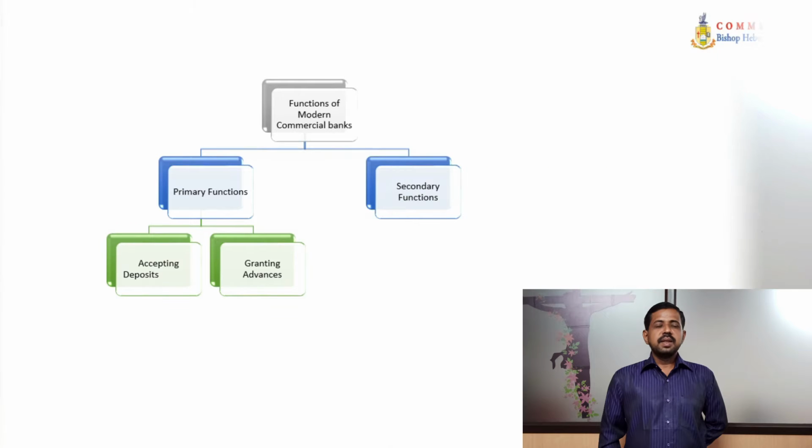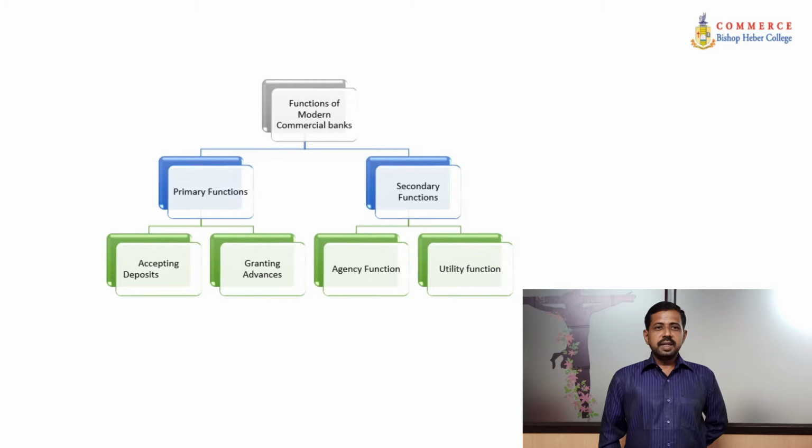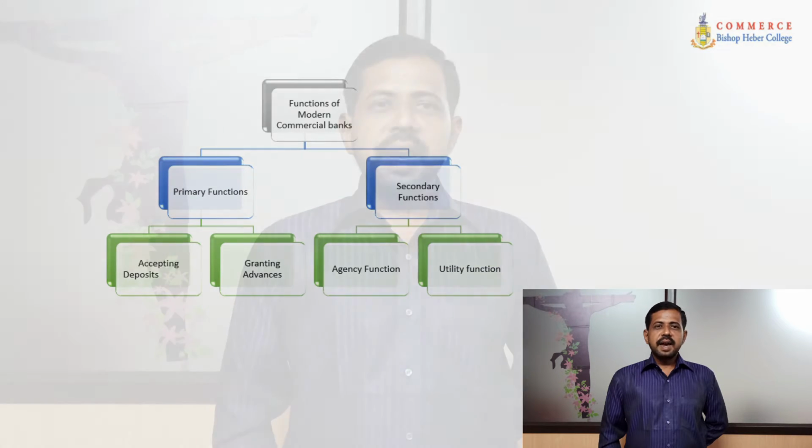Apart from the basic or primary functions, commercial banks also rendering various other services which are known as secondary function. These services can be broadly classified into agency services and general utility service. Let us have a more clear ideas about both primary and secondary functions.